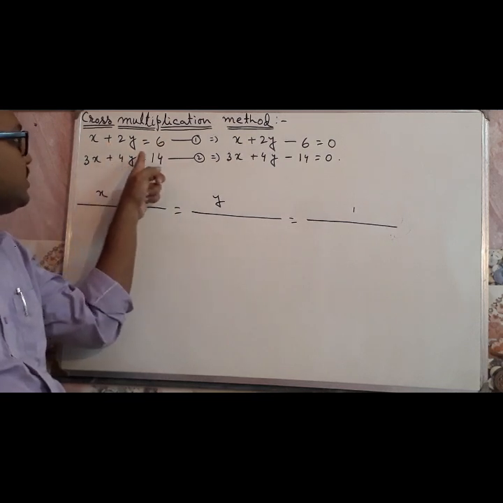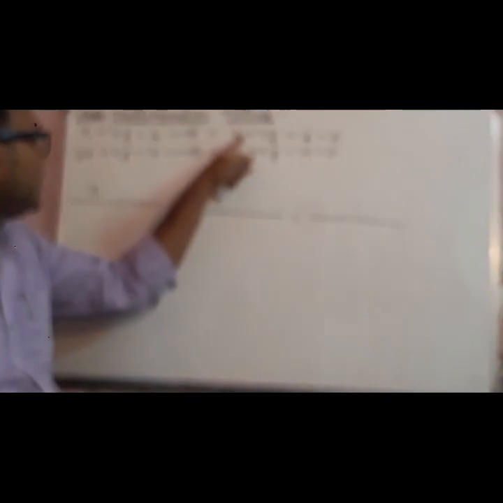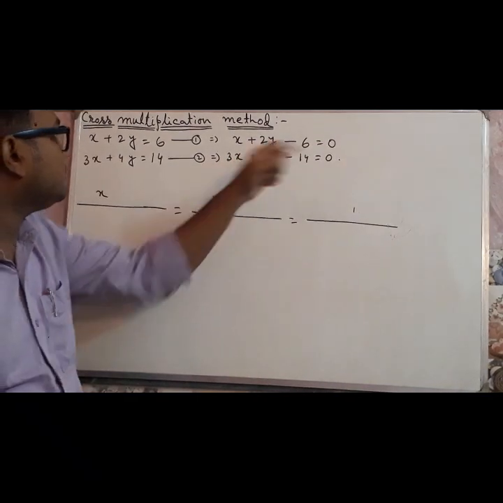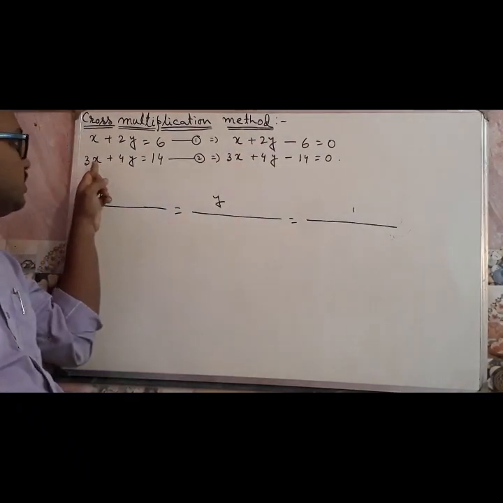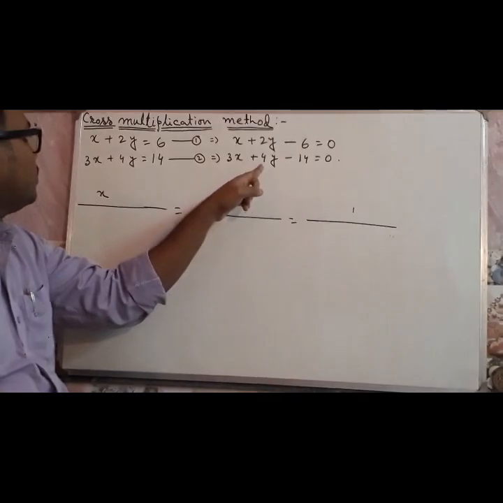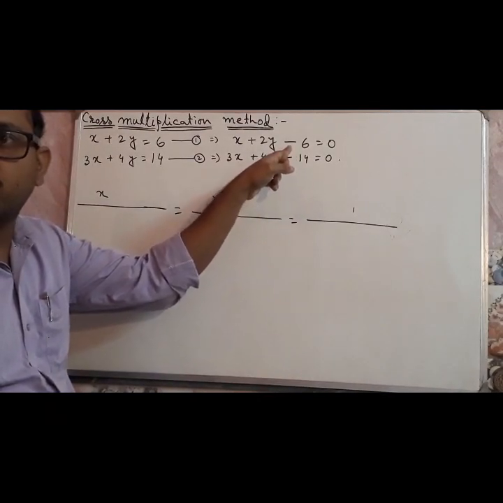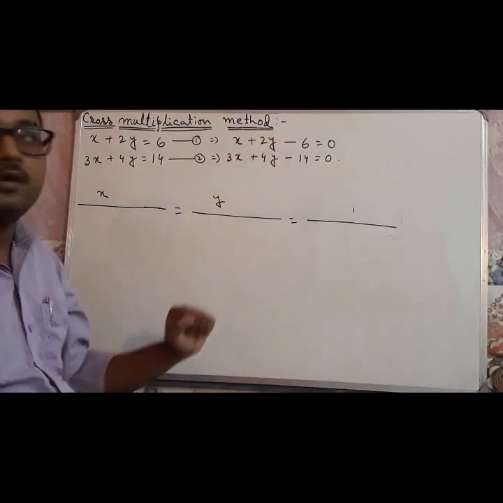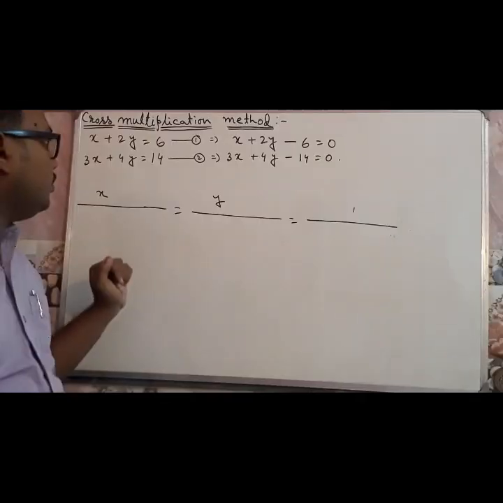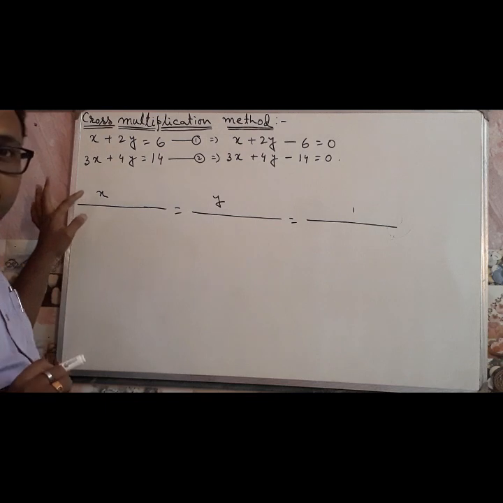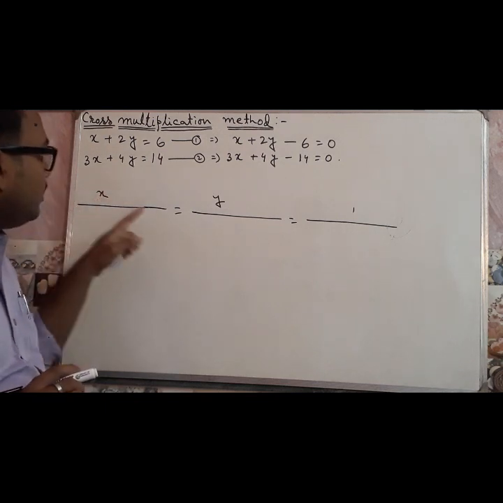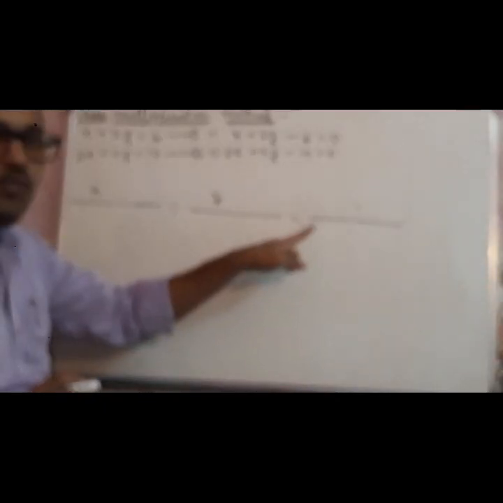That is, the first equation will be written as x plus 2y minus 6 is equal to 0, and the second equation will be 3x plus 4y minus 14 equal to 0. Okay. Now what to do? Then you have to write x by, y by, 1 by.